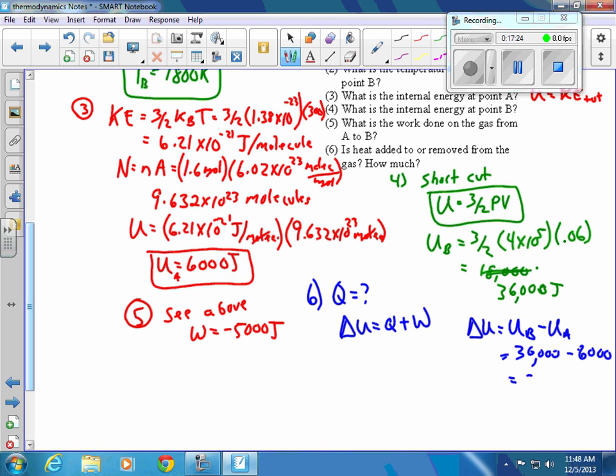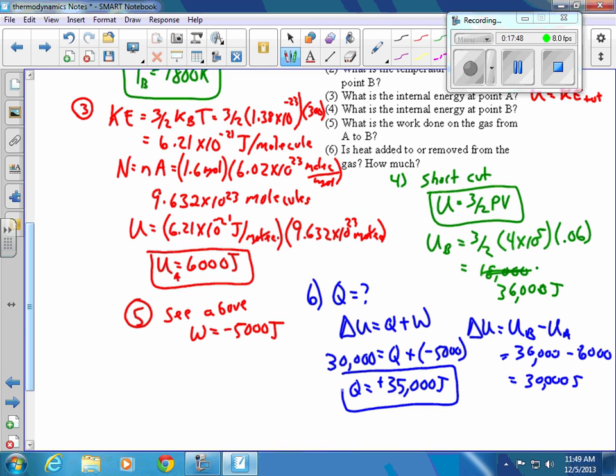So this is going to give me 30,000 for delta U. So now I can just plug that in here. 30,000 equals Q plus minus 5,000. And then Q, I have to add 5,000 to both sides, ends up being plus 35,000 joules. Since it's positive, it means heat was added. So 35,000 joules of heat were added to the gas.